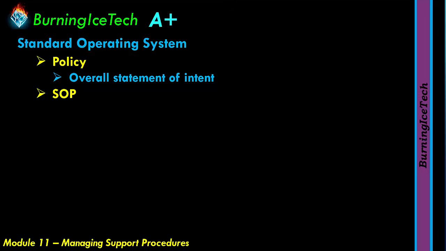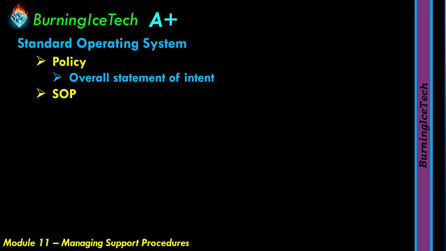Almost all companies, guys, have an SOP. It's actually very common to find multiple SOPs in a company for various departments. So if you work in one department, your SOP or SOPs, there might be more than one, but it's probably going to be just one. It will be what you need to do in your daily routine. What is expected of you, what your responsibilities are, what you should do and what you should not do, when you should do it, how you should do it.